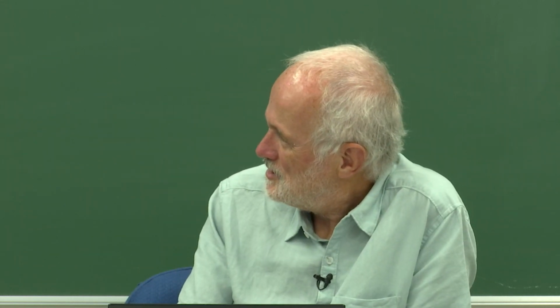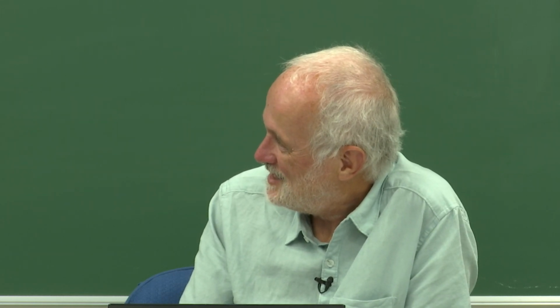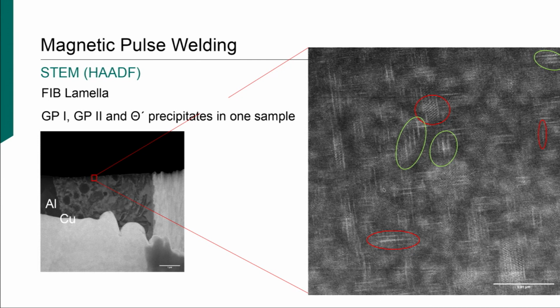Another student of mine, who did a number of these studies here, tried to evaluate the brightness of each spot. I think I mentioned it yesterday. At least he claims that he is able to detect single copper atoms here. So the difference in brightness from a column which only contains aluminum to the brightness of a column which contains 1 copper, 2 copper, and so on. For example, here you see a very bright spot.